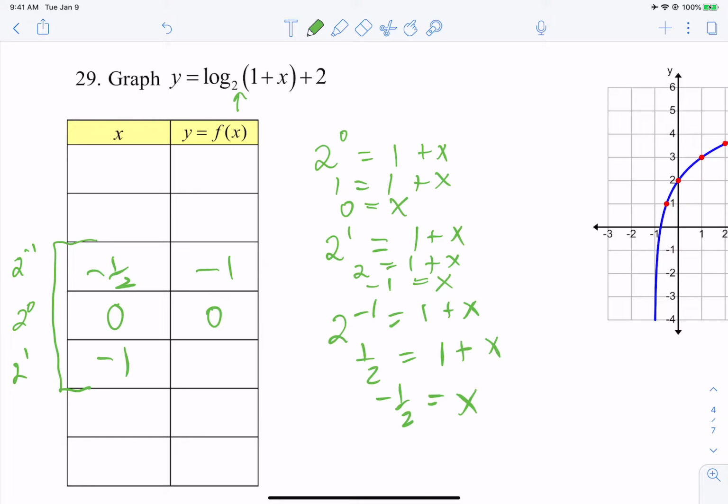And then finally, if I plug in negative 1, I get 0. Wait, I think I did something wrong here. Oh, I did. Look at my work right here. I subtract 1 from both sides and I get a positive 1. 1 plus 1 is 2. What power do I put on a 2 to get a 2? That would be 1.